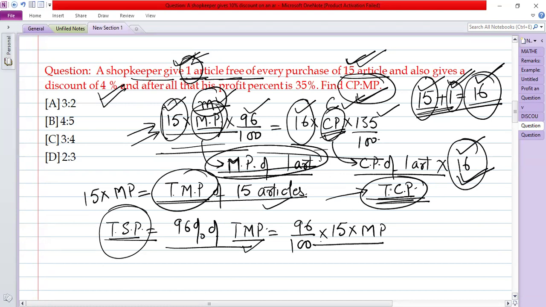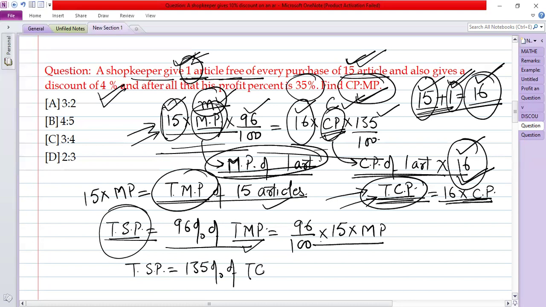So here, 16 into CP is the total cost price. And what is the profit now? 35%. Once again, what will be the total selling price? The total selling price will be 135% of the total cost price.